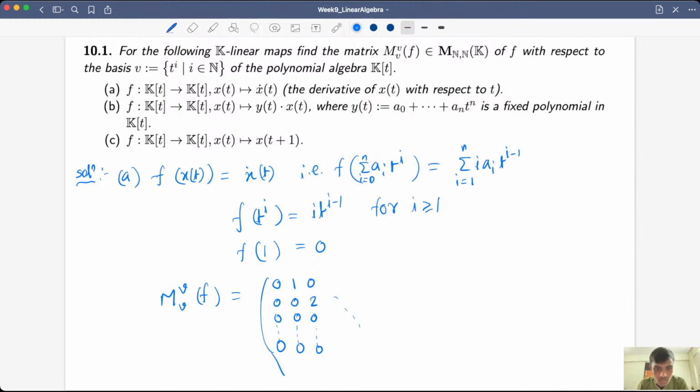So this is not finite, it keeps going, because it is n cross n, a natural number worth of elements there, so it is an infinite order matrix. And at some point you will have n t power n minus 1. So this is the nth row, you will get this.